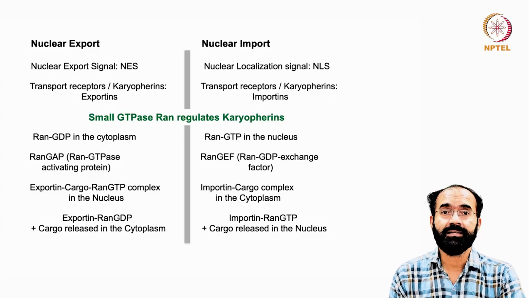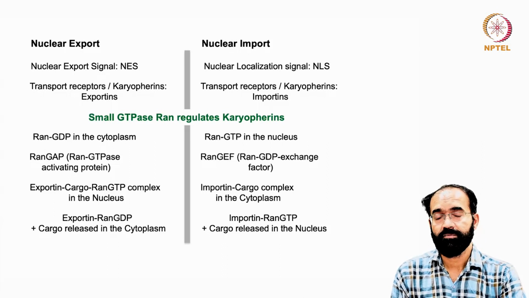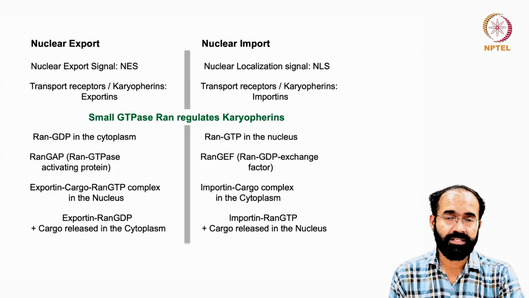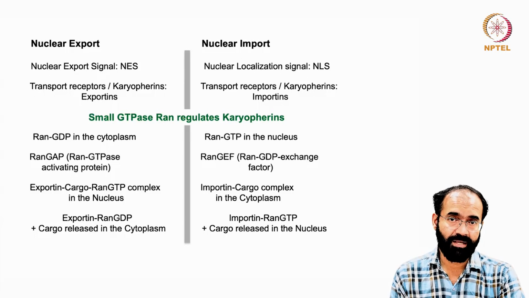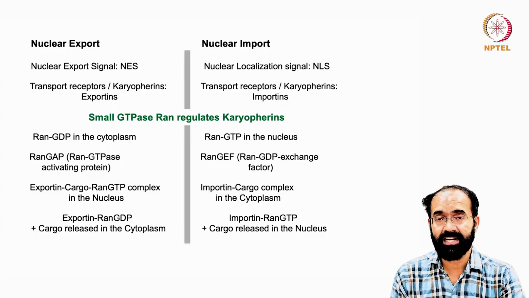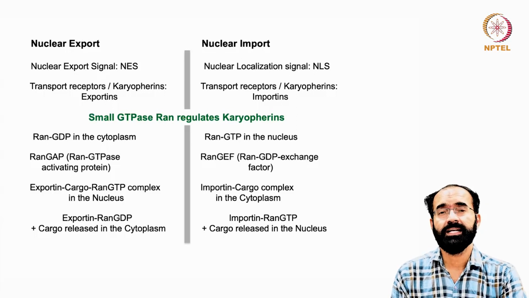And this Ran GTPase can regulate the karyopherins. So whether or not these karyopherins have the energy provided by the Ran GTPase will decide how they function in a given manner. That means karyopherins are important in nuclear export, and they are important in nuclear import also.